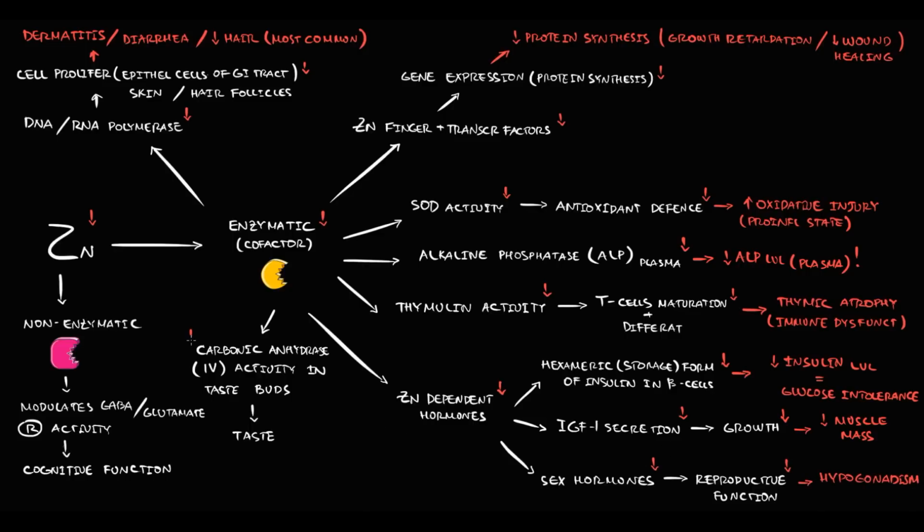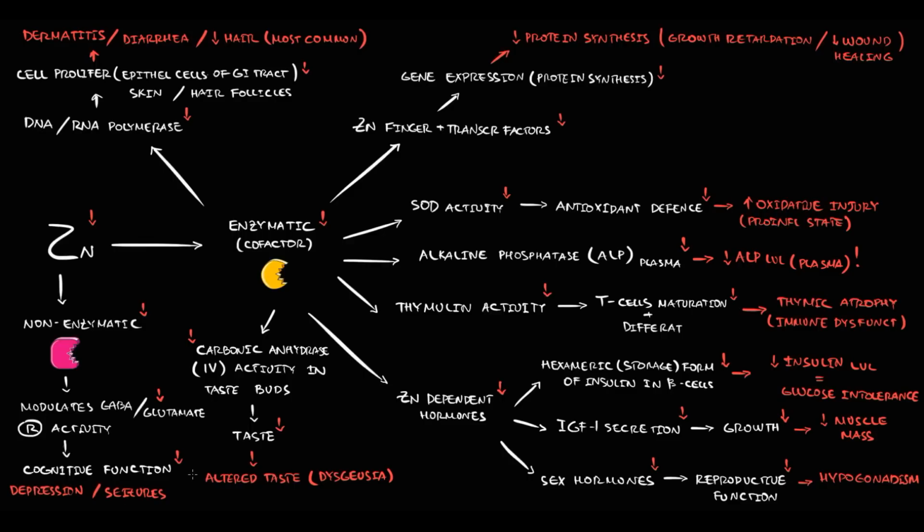Without zinc, the function of carbonic anhydrase enzyme becomes compromised. This leads to altered taste, a condition known as dysgeusia. Also, with zinc deficiency, the function of GABA and glutamate receptors becomes compromised, which leads to a decrease in cognitive functions, and most commonly this manifests as depression or seizures.